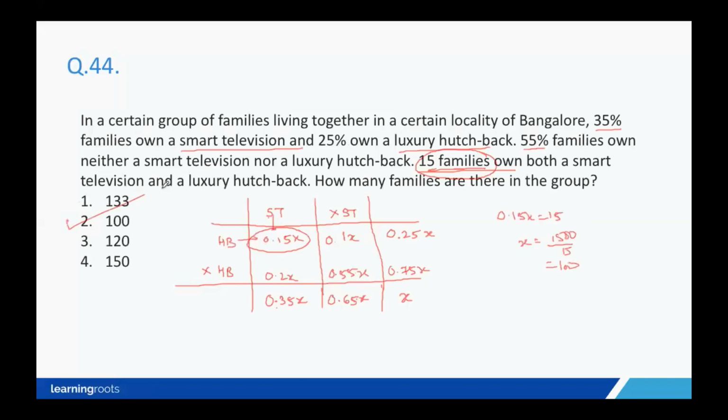So clearly 2 is the answer in this case. Again, there are multiple approaches to solve these kinds of questions. Do the one that strikes you immediately. Time is of the essence, so whichever method helps you solve these questions quickly, just use that. So this is the other way of solving this kind of question.